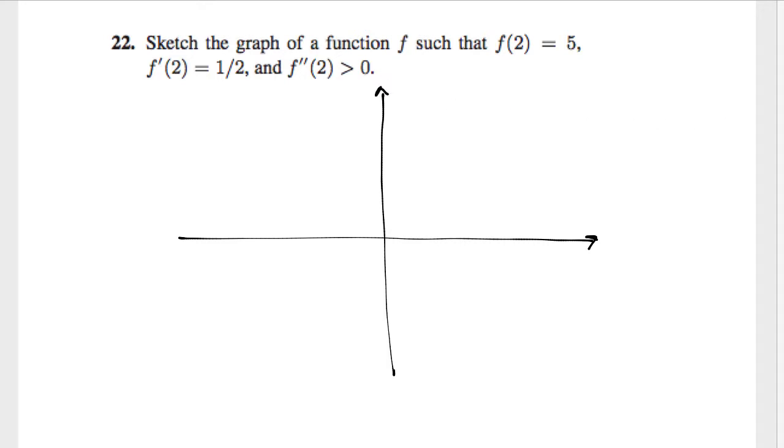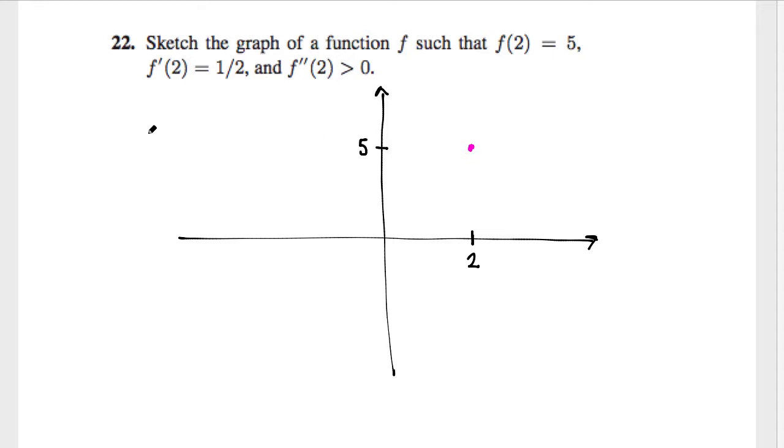Now, when we're sketching our function, we want f of 2 to be equal to 5. So somewhere over here at 2, let's say this right here is 2, we have a function value that is positive 5. So here is our function at f of 2. This is equal to 5.